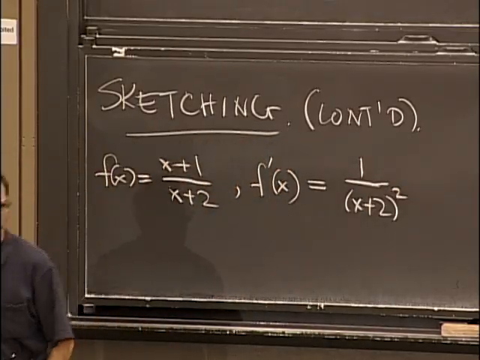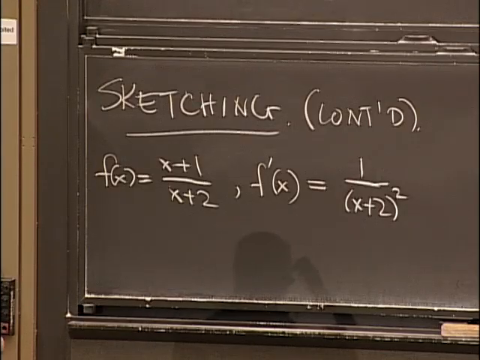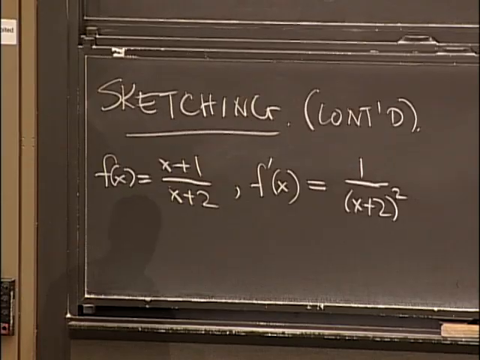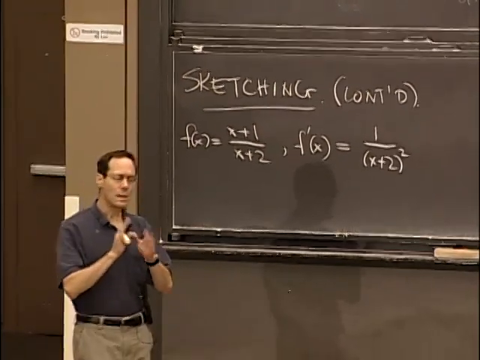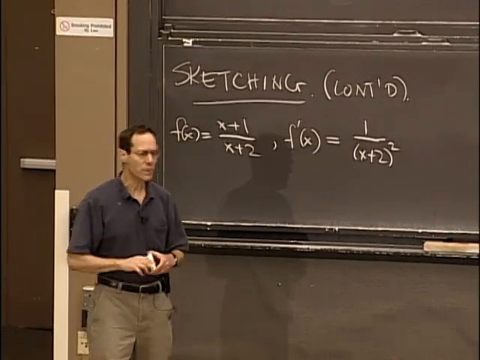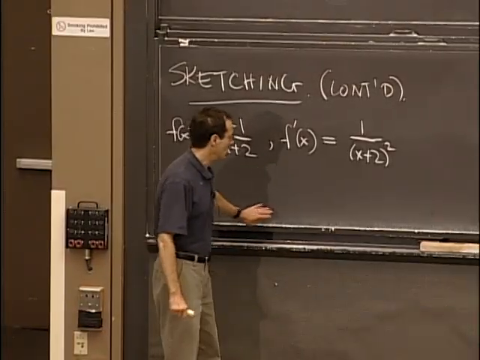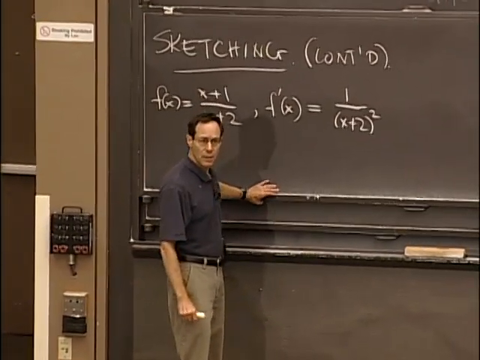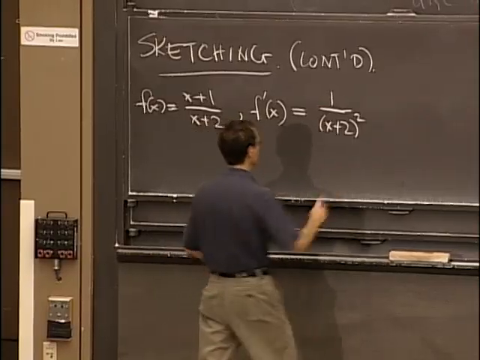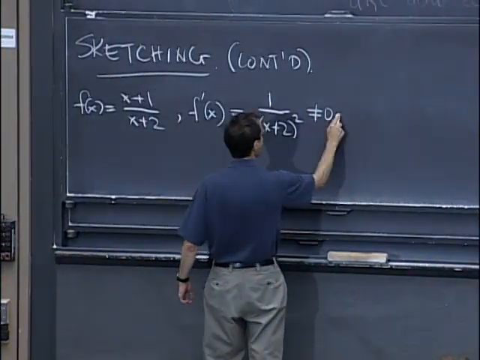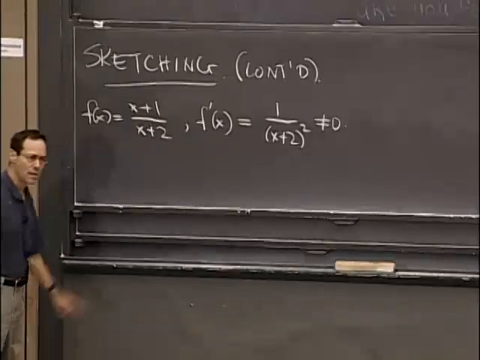Now, the reason why I'm bringing this example up, even though it'll turn out to be a relatively simple one to sketch, is that it's easy to fall into a black hole with this problem. Okay? So let me just show you. This is not equal to 0. It's never equal to 0.